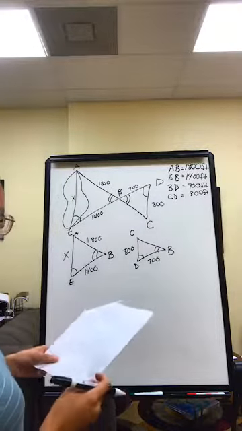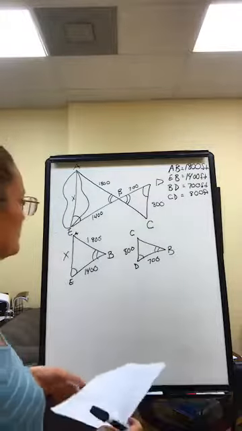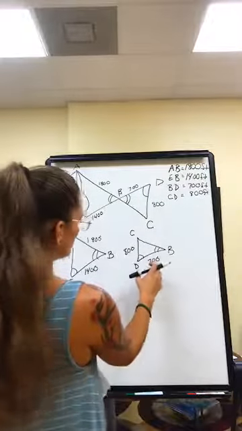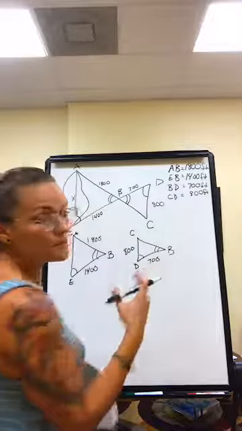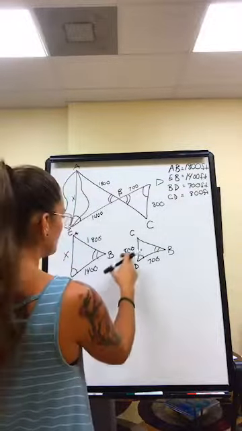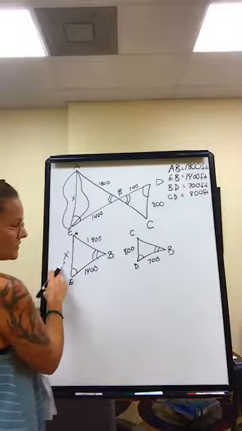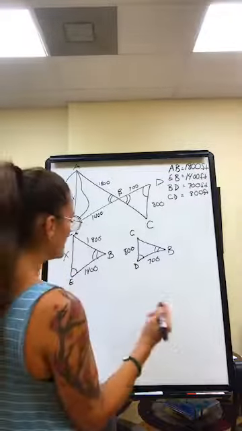So, since they're similar, we know that the relationship between 700 and 1400 is going to be proportional to the relationship between 800 and x. So we just have to set up a proportion.